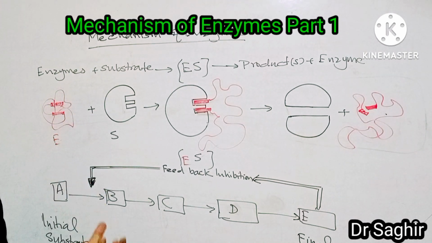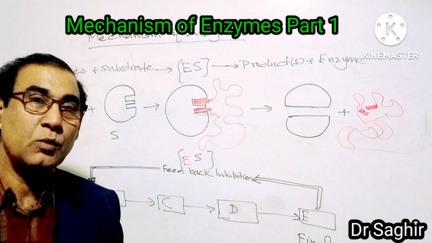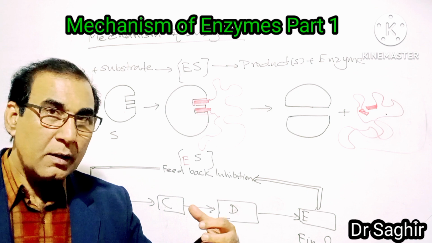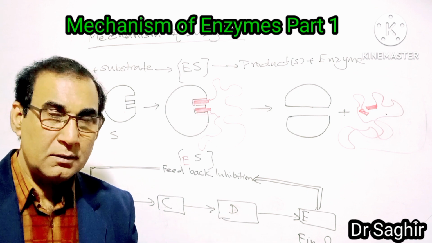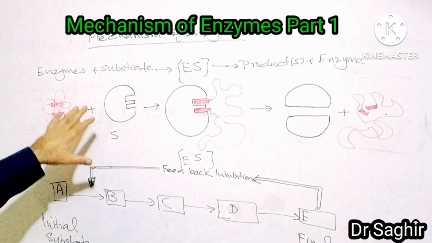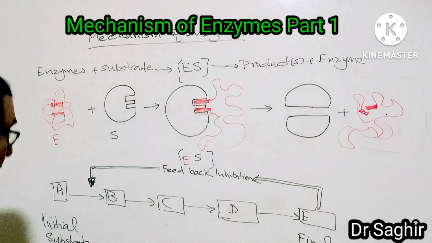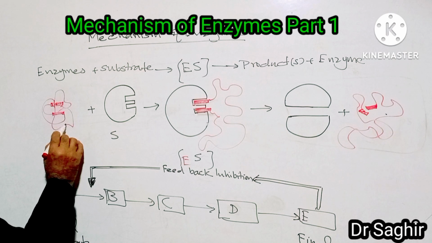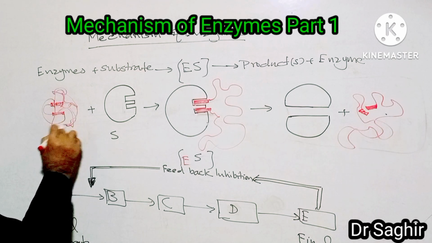How do the enzymes act? Enzymes, I told you, either break down certain substrates or combine two substrates together. So here is one example. I told you in the last lecture that enzymes are globular protein molecules.